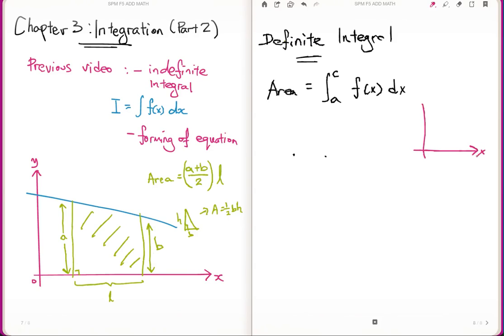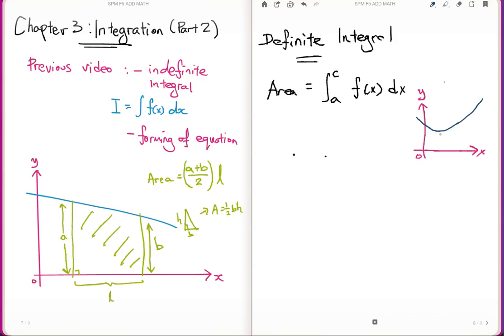A positive x direction, 0, going up in a positive y direction. Now if my curve is positive value, maybe curve up. For now we deal with only positive x, positive y direction.